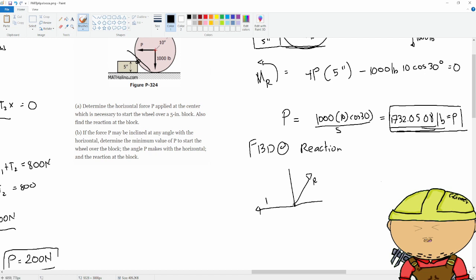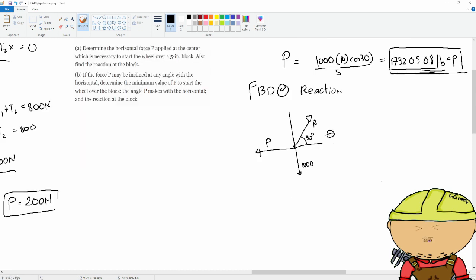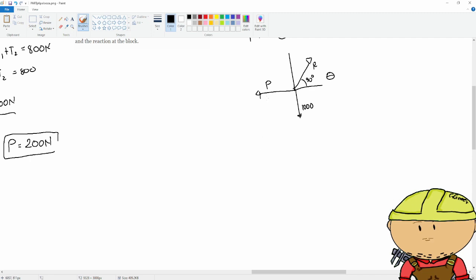P is to the left, and 1,000 pounds is downwards. I'm going to assume this is 30 degrees, but for now I'm just going to put it as theta. We can solve for theta too.